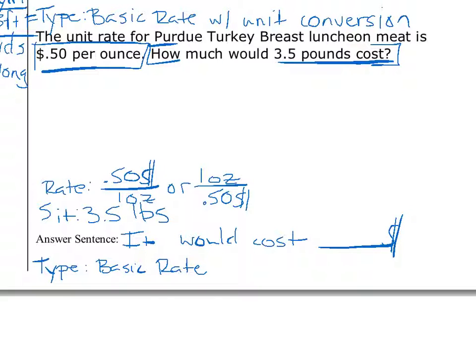We're going to start setting it up, starting with the units of my answer. And I want to match that. Yes or no, can I match that with the information that I have right now?